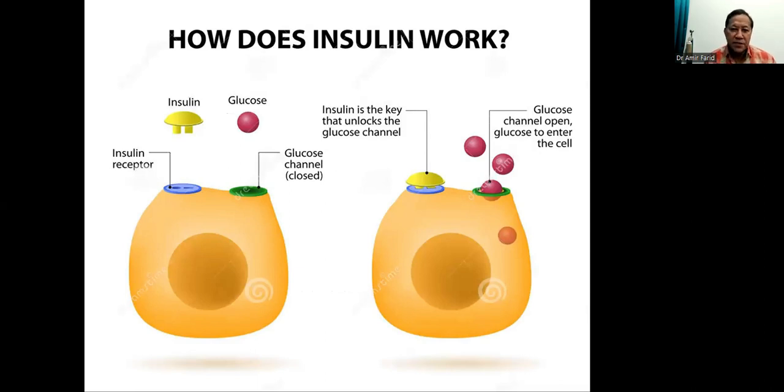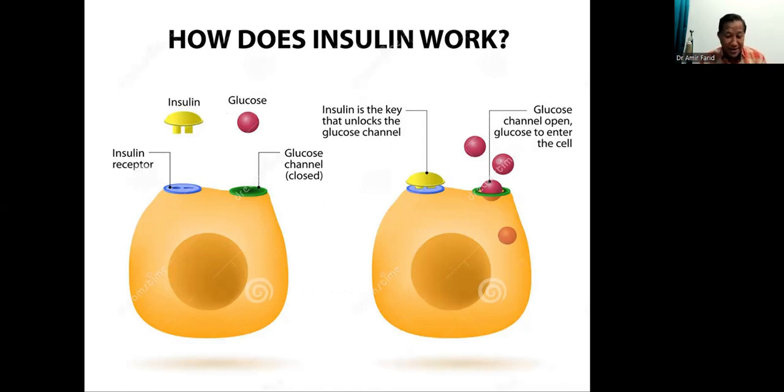Okay, so how does insulin work? As far as glucose metabolism is concerned, the insulin locks onto the insulin receptor on the cells that require glucose. Once the insulin is locked onto the insulin receptor, internal signals are sent to the glucose channel.